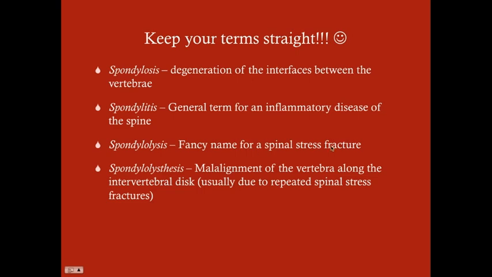Stress fracture doesn't really do it much justice, since it's a little bit more severe than a stress fracture, but it shares some similarities to a stress fracture. So we'll talk about spondylolysis towards the end here. And then spondylolisthesis, which is a malalignment of the vertebrae along the intervertebral discs, and this is usually due to multiple cases of spondylolysis. So it's important to keep these terms straight, because they look similar, but they're not the same.